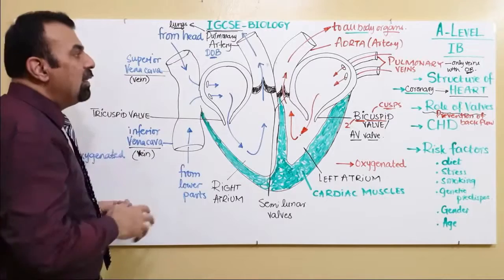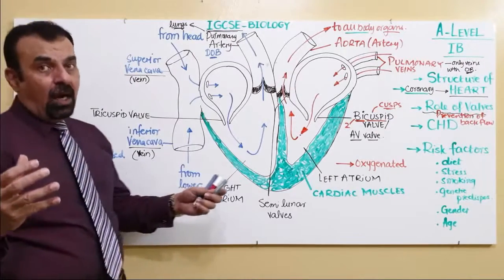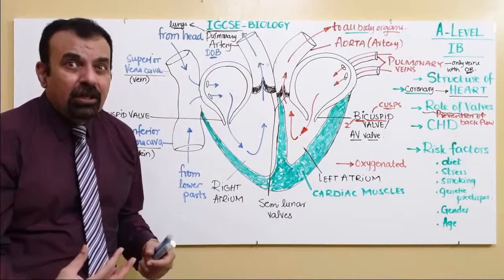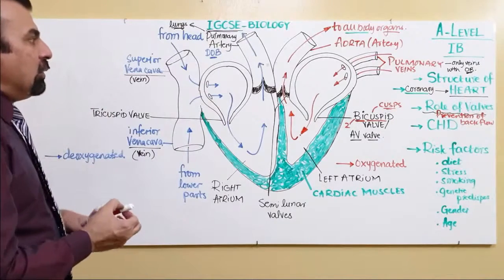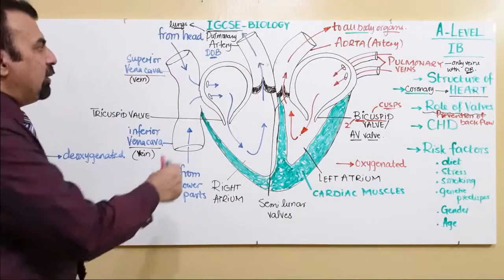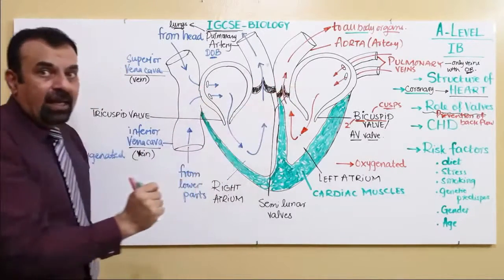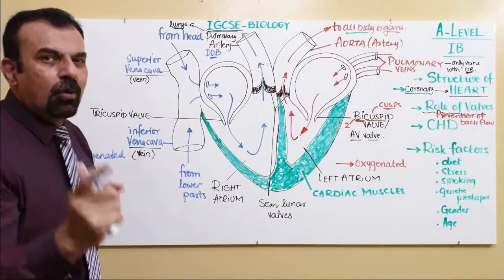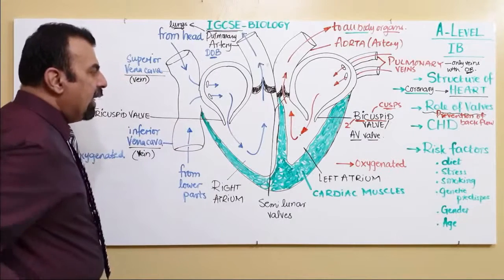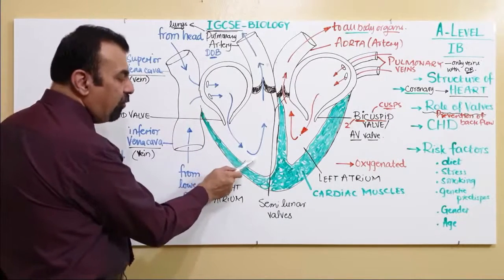So now we have seen how the heart pumps blood, and what is happening over here, that we know. After entering into the right atrium, we have seen in the animation, you want to see that again? I know you want to. Now this is going to go to the right atrium, and then it enters into the right ventricle.